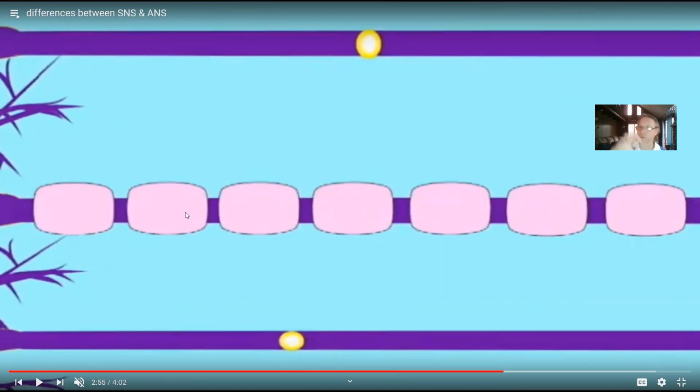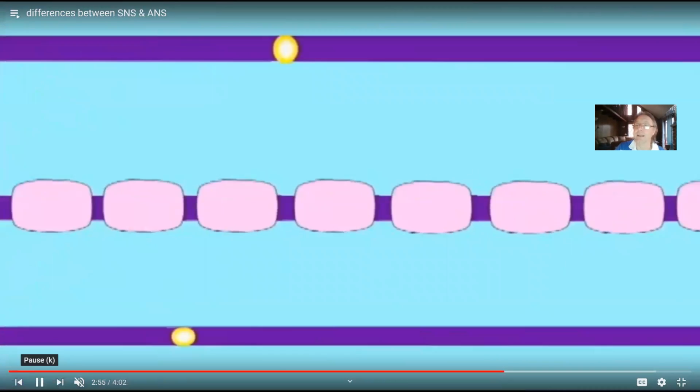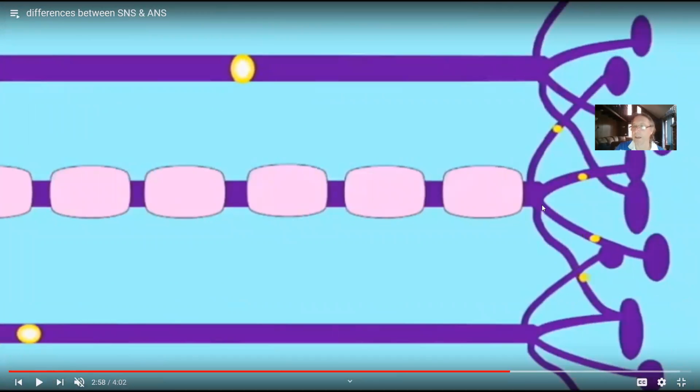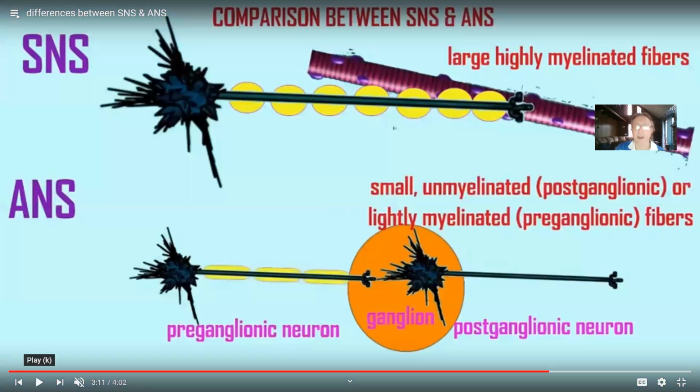And myelin, those glial cells, if you recall, which surround the axon and make a lipid protein mix called myelin, cause the action potential to jump from one node to another. Fat myelinated axons carry messages most quickly. So the messages of the autonomic nervous system, with less myelin or no myelin on narrow fibers, travel more slowly than those of the SNS.